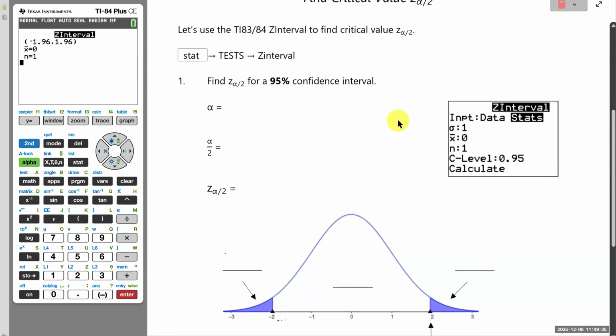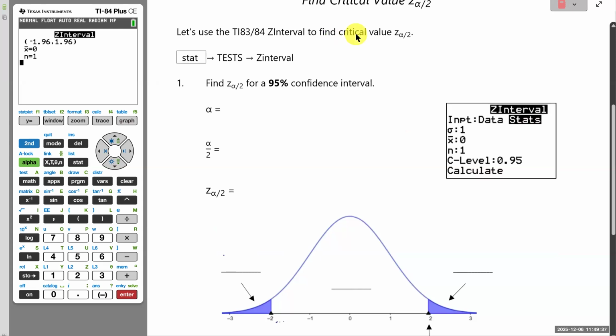So when we find these critical values, they will be associated to a certain level of confidence in creating a confidence interval. So we're going to do an example of what if we were to create a 95% confidence interval, and we'd like to find this value Z alpha over 2. So alpha is the complement of the confidence level.